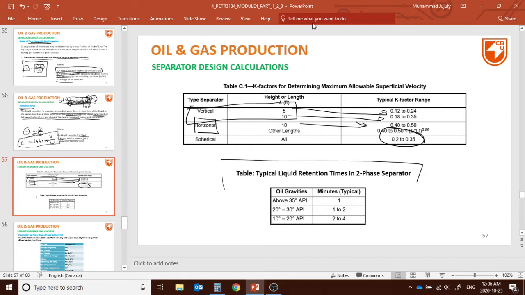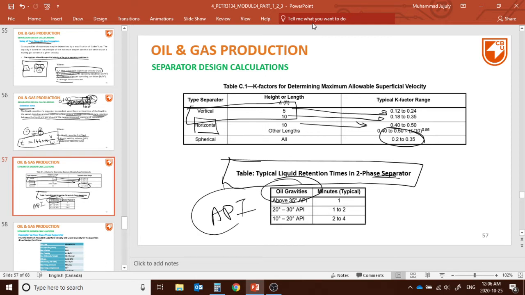Typical retention time. The typical retention time of a two-phase separator depends on the specific gravity of the oil. Now, usually we use the API gravity instead of specific gravity. As you know, API gravity and specific gravity are inversely proportional.